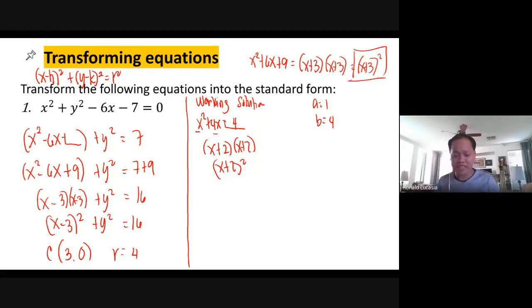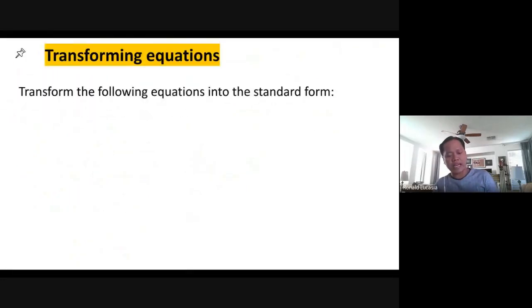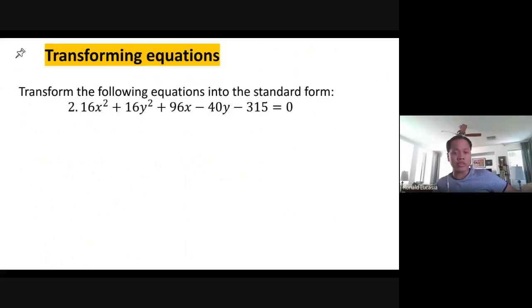Let's try another example. Find the center and the radius of the equation 16x squared plus 16y squared plus 96x minus 40y minus 315 is equal to 0. So we'll regroup the terms.